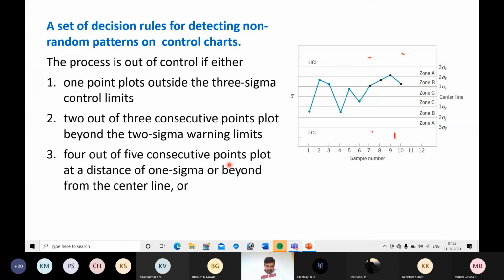Here you can see only 2. Next, here you can see this is the plus 1 sigma. For 4 out of 5 consecutive points, you can start from here: 1, 2, 3, 4, 5.